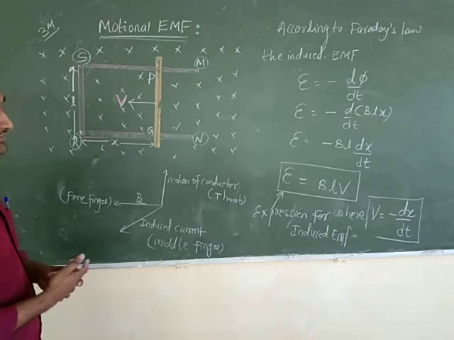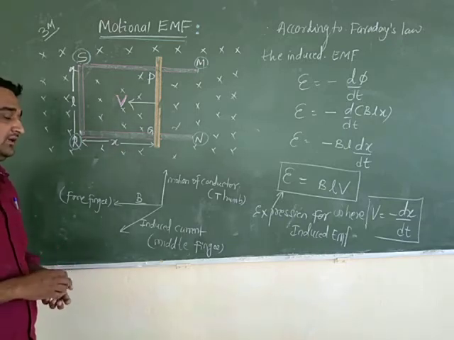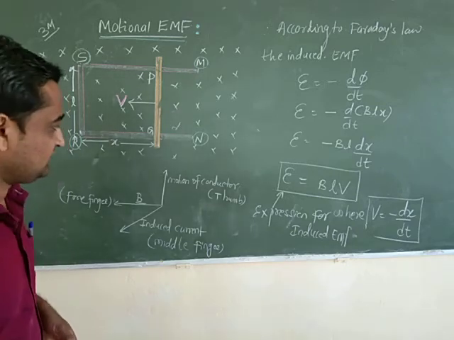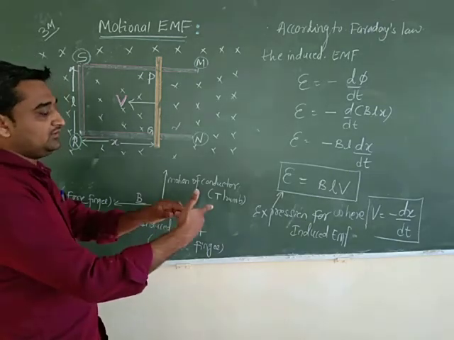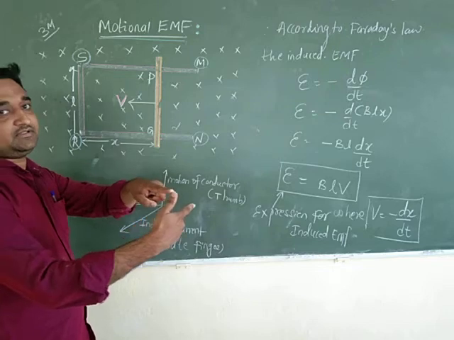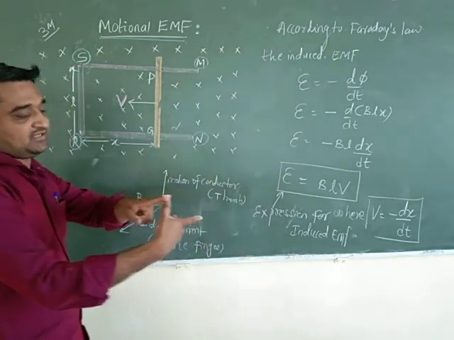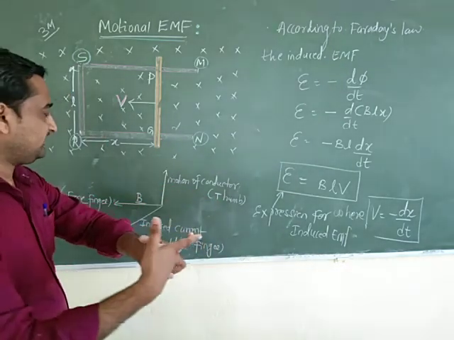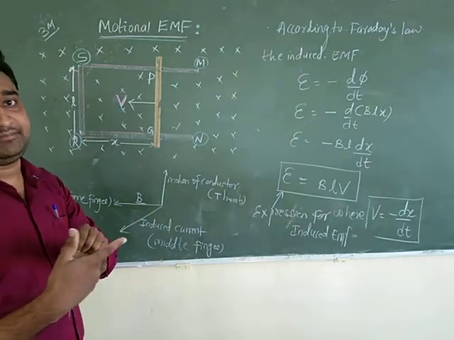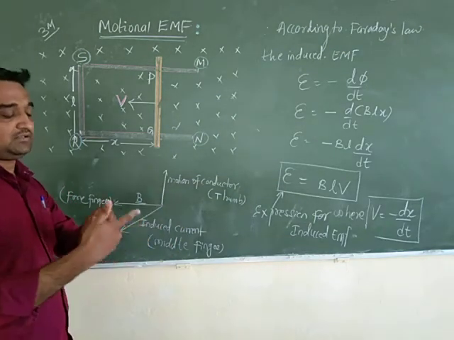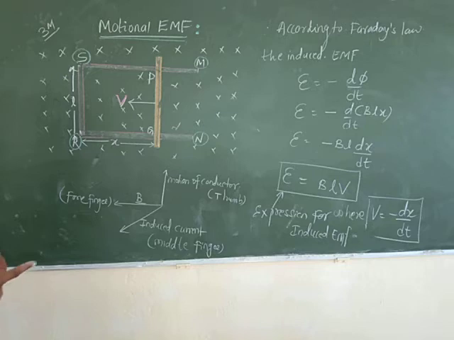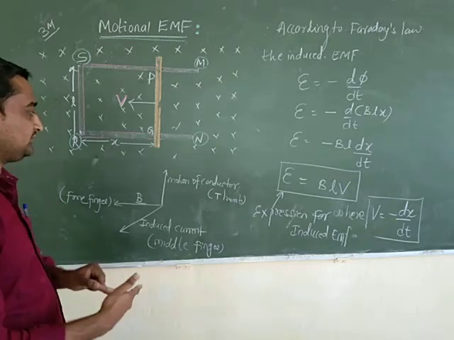First, three fingers of the right hand are stretched at right angles to each other. That means the thumb, forefinger and central finger, or middle finger, are all stretched perpendicular to each other.